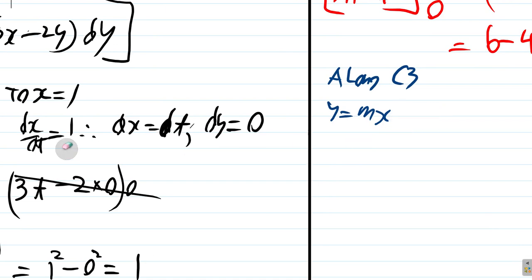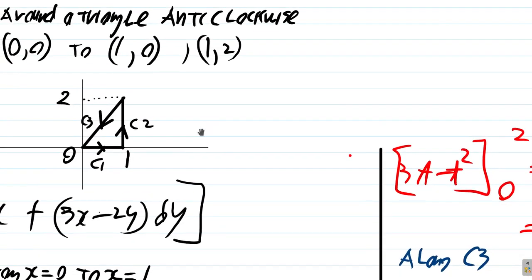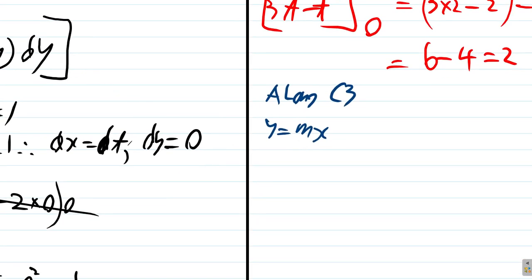So it's y equals mx. What's the gradient? Rise over run, the gradient is 2. So this line is y equals 2x. Along C3, y equals 2x.